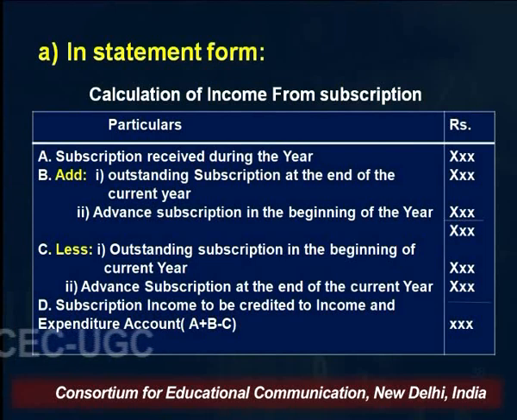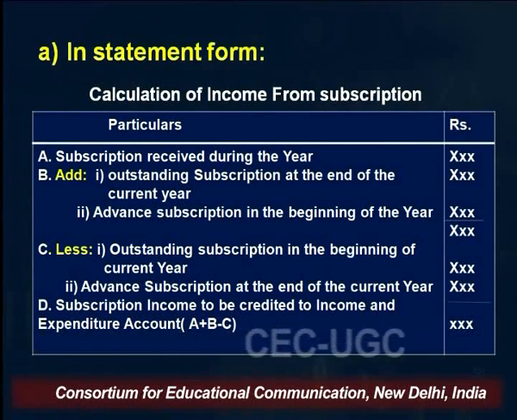Out of the total subscription received during the year, we have to add the outstanding subscription at the end of the current year. That means the subscription which is due but not received, but is related to the current year, has to be added here.